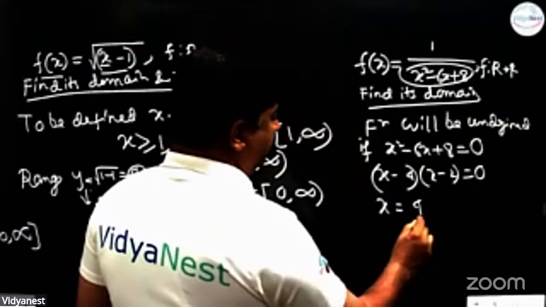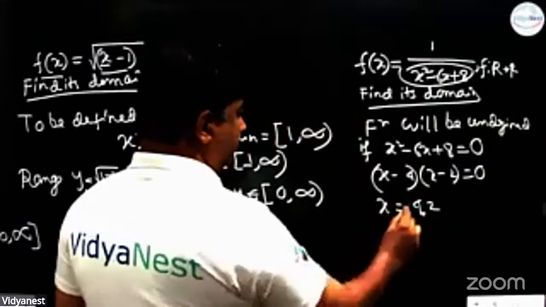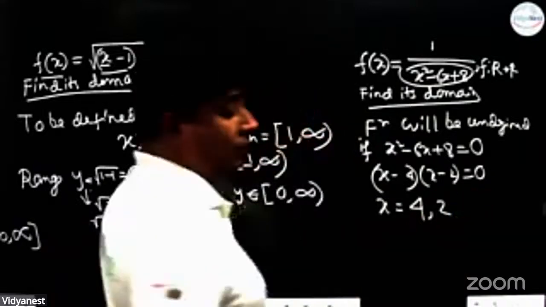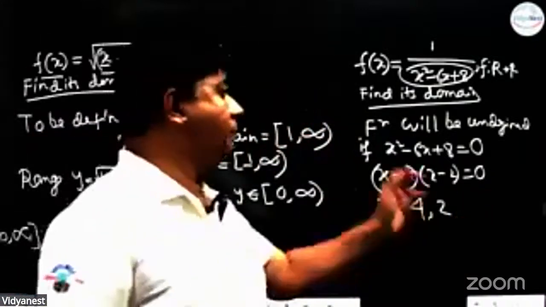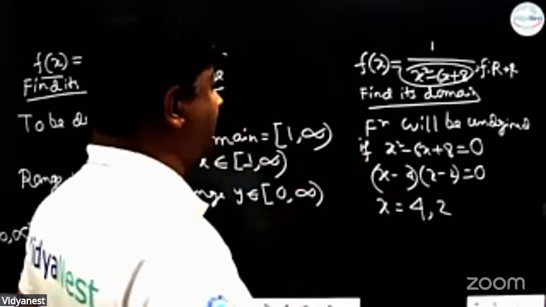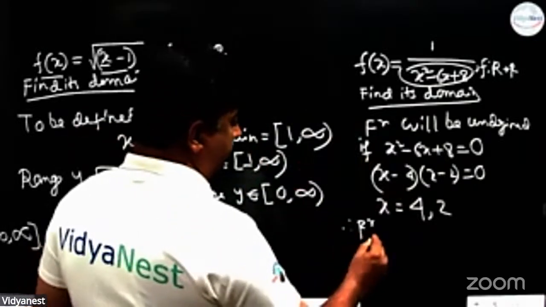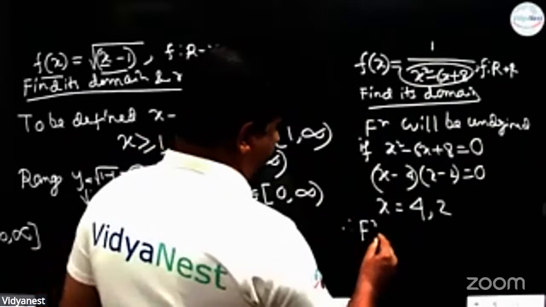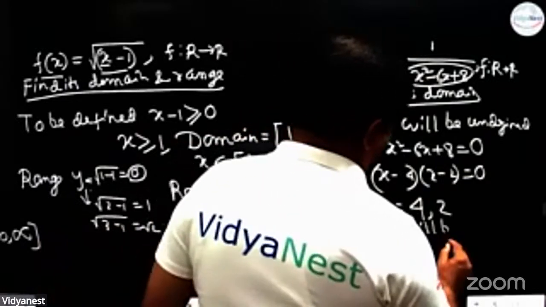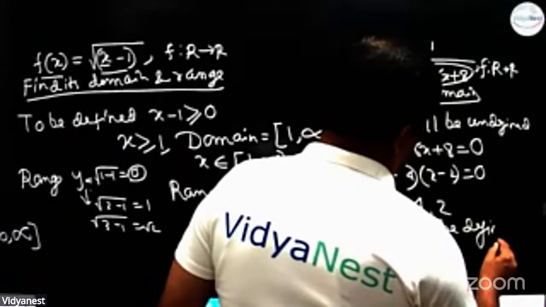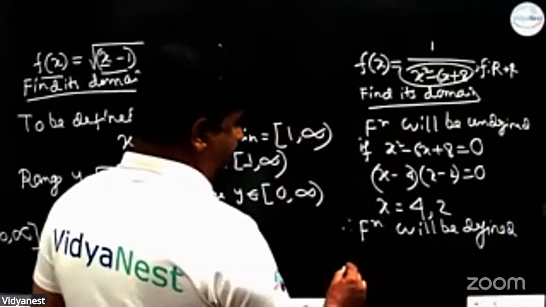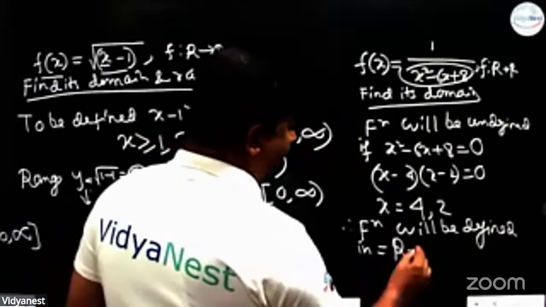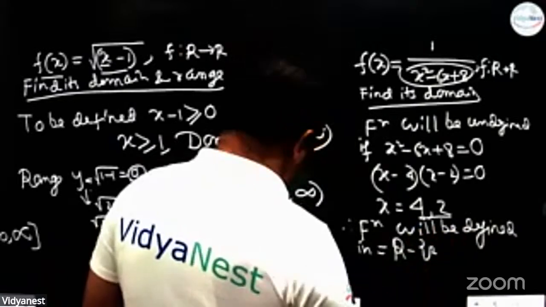So x is equal to 4 and 2. So at these 2 points, the function will not be defined. So the function is defined in all real numbers excluding 2 and 4.